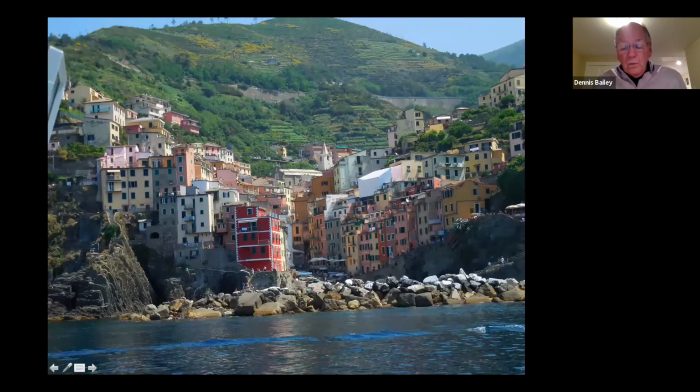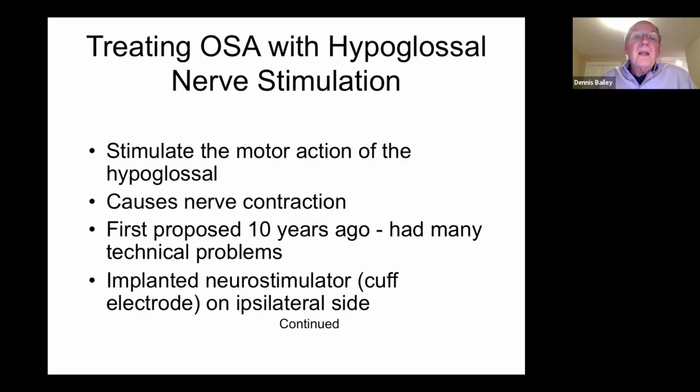All right, so having said all of that, let's look at some things that are more relevant as it relates to endotyping and phenotyping. Just as a point of information, this is one of the towns in the Cinque Terre of Italy. So it all started with treating OSA with hypoglossal nerve stimulation. I don't know how familiar you are with this, but there's one thing that came out of this in terms of this treatment and predicting whether or not someone is a responder in using what is called DISE, or drug-induced sleep endoscopy.